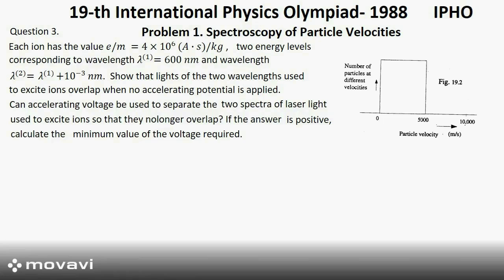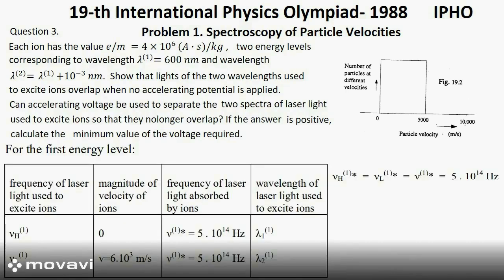If accelerating voltage U is applied, number 1 indicates that the wavelength of laser light pertains to the ion of lowest velocity, and number 2 indicates the ion of the highest velocity. Finally, the sign star indicates the value of the wavelength, lambda star, or frequency, nu star, absorbed by the ion, the characteristic absorbed frequency, when no accelerating voltage is applied.